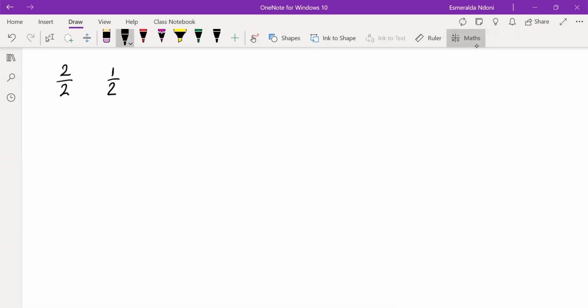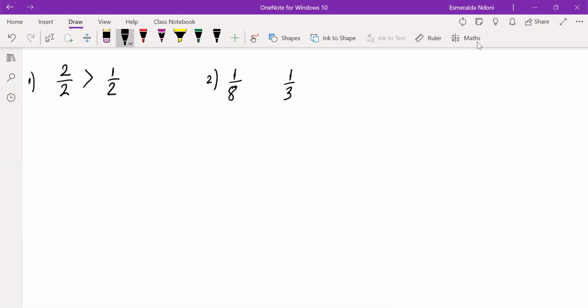Now, this is fairly straightforward. 2 out of 2 is bigger than 1 out of 2. If we have 2 lots of something, it is bigger than 1 lot of the same thing. So nice and easy. On number 2, we had an 1/8 and we had a 1/3.